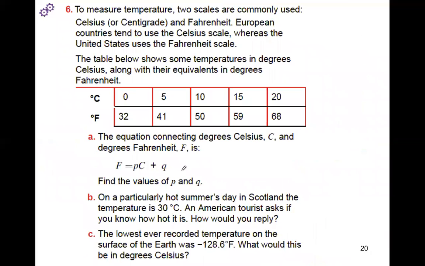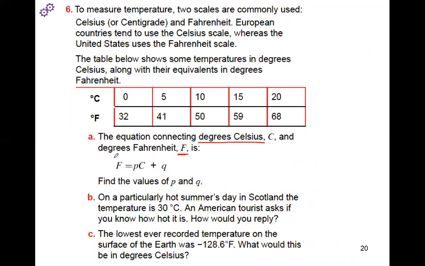So on the next one here, what I've put together is you had a problem where they're asking us to find the equation connecting degrees Celsius. So we were given a temperature in degrees Celsius, and we were asked to convert it into Fahrenheit, which is the American way probably of giving you the temperature.